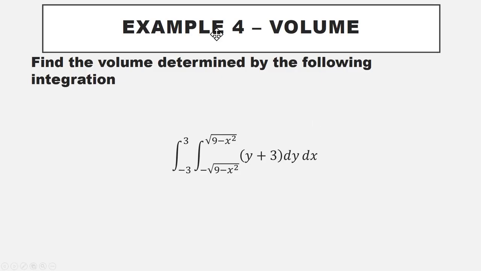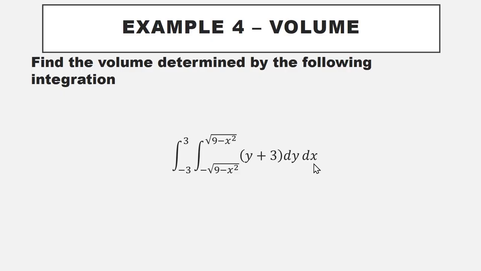Let's find the volume determined by this integration. We're integrating y plus 3, first with respect to y, from negative square root of 9 minus x squared to positive square root of 9 minus x squared.